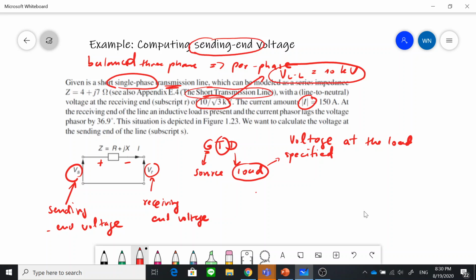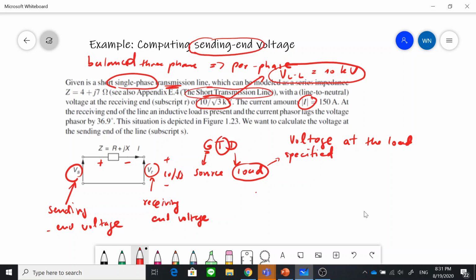So if VR here is 10 divided by root 3 kV, that means the sending end voltage is greater than this much, 10 over root 3. The Vs here must be greater than this value, otherwise there is no voltage drop across this.